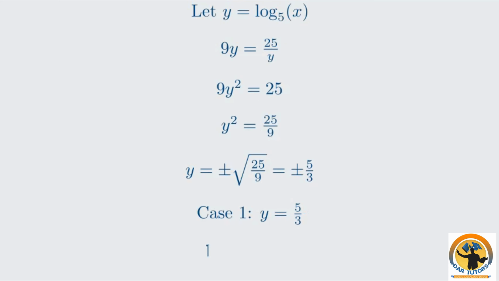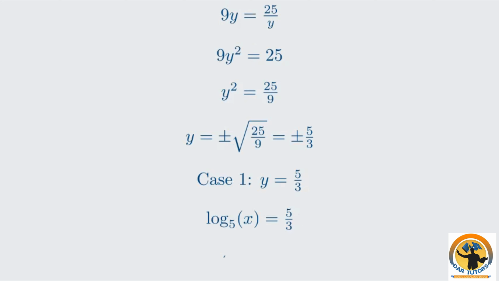Remember, y equals log base 5 of x. So log base 5 of x equals 5 over 3. To solve for x, we convert this logarithmic equation into an exponential equation. The base is 5, the exponent is 5 over 3, and the result is x. So x equals 5 to the power of 5 over 3.